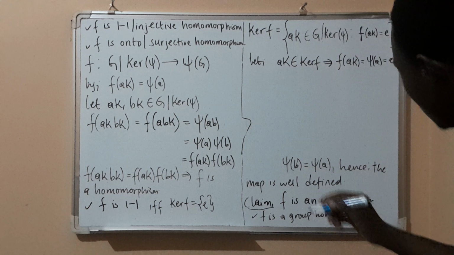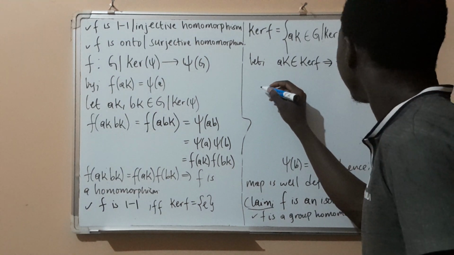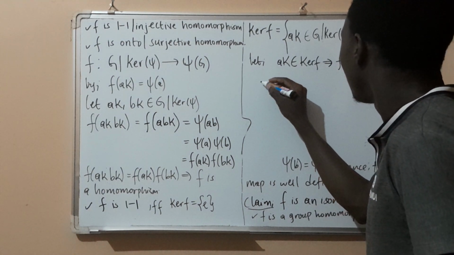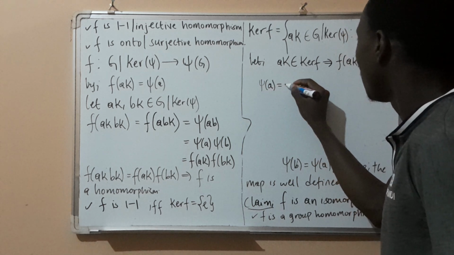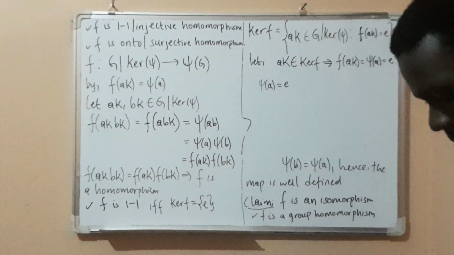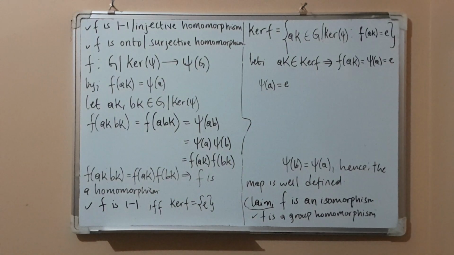So if I'm having phi of A being equal to the identity, the interpretation of that is that element A is mapped to an identity element.